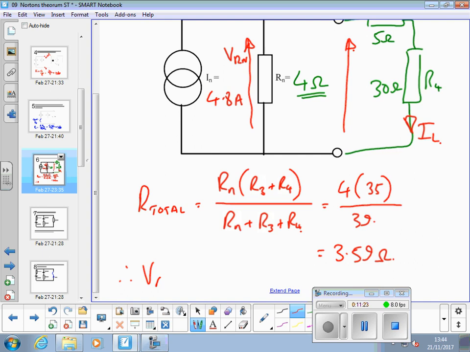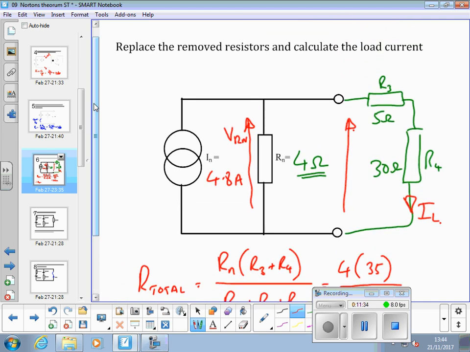Therefore, VRN is equal to, you've calculated what you turned this into is one current source and one total resistance. You joined all that into one, so this voltage is going to be the volt drop across there. So you've got 4.8 amps and a 4 ohms.